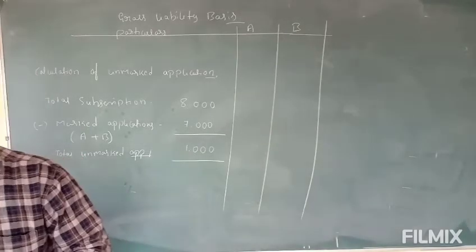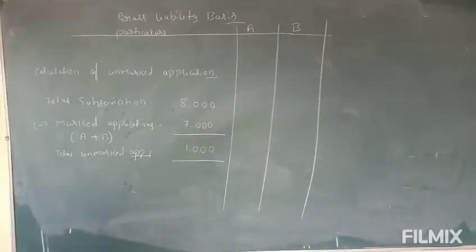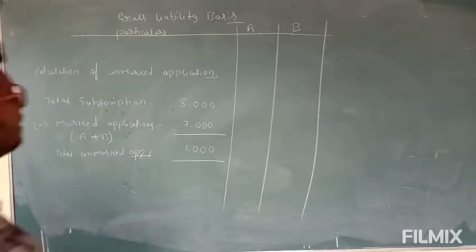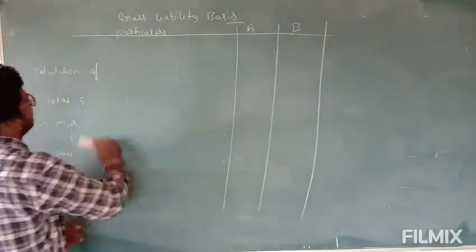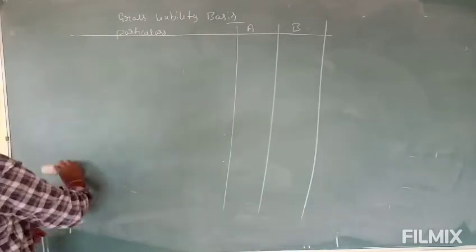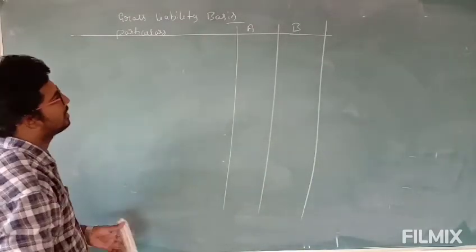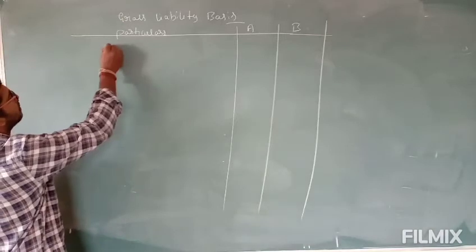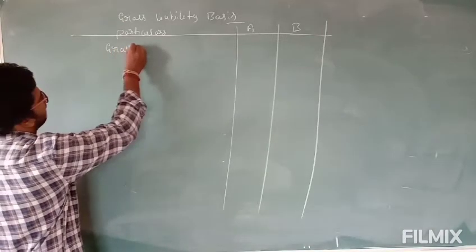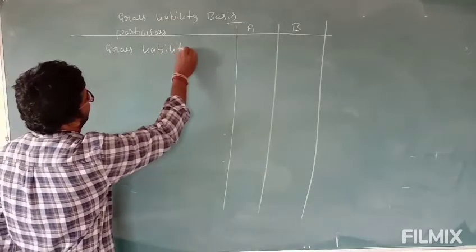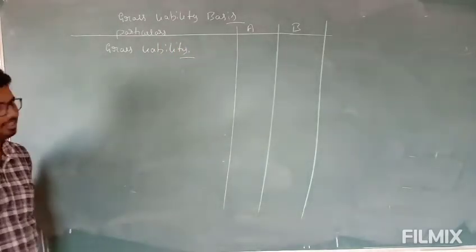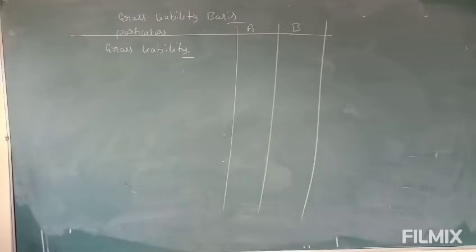Initially you can take gross liability, which is nothing but shares allotted to each partner. Look at the question, how many shares are allotted for A?